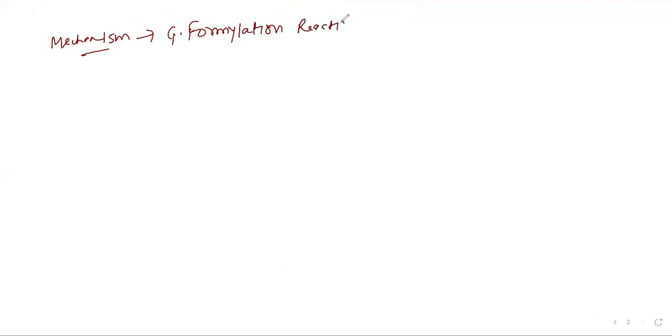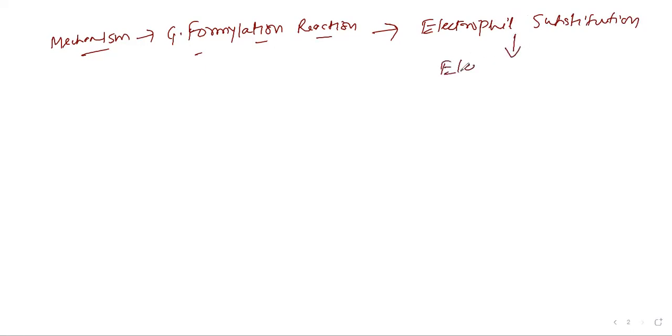When we talk about the mechanism of a reaction, we mean whether it's an electrophilic reaction or a nucleophilic reaction. So this proceeds via electrophilic substitution. When we say electrophilic substitution, we need to look at the electrophile. What is the electrophile in this reaction?